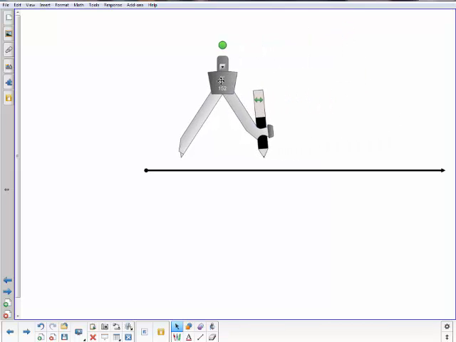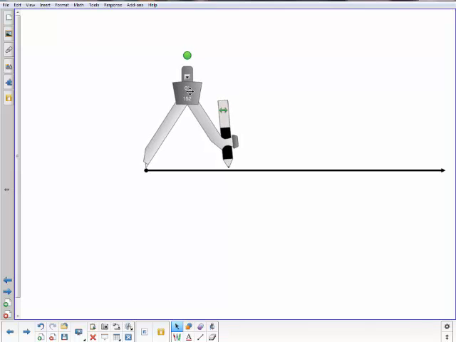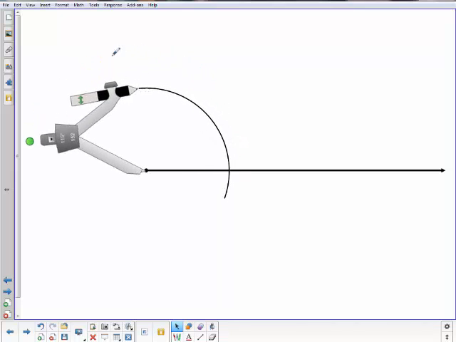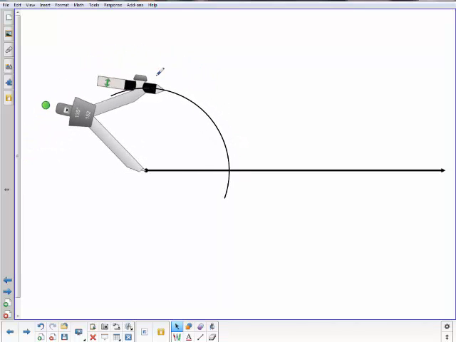So placing the compass on this point, getting it there as closely as I can to where it should be, I will strike this arc, but I'm going to strike this first arc in a little different manner than one would expect. You'll see shortly why I've done this.